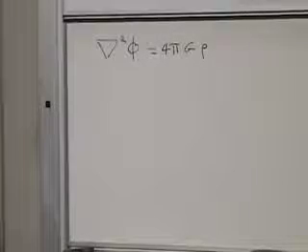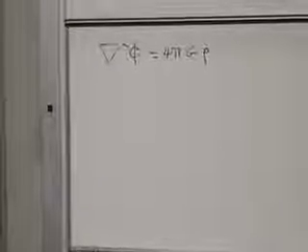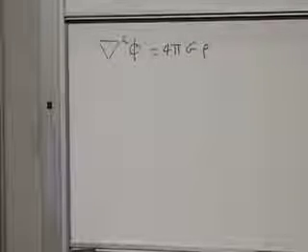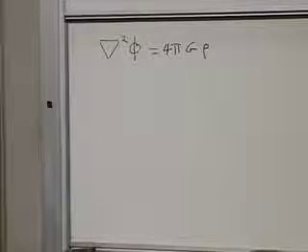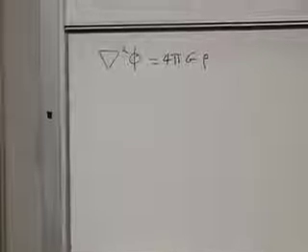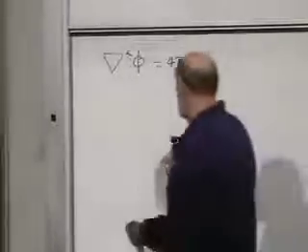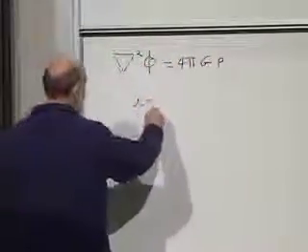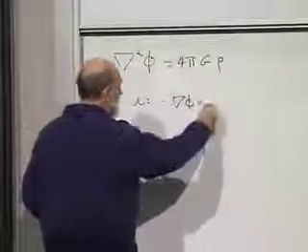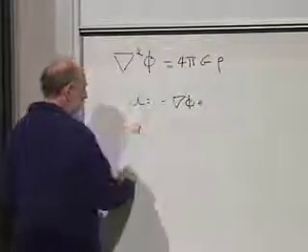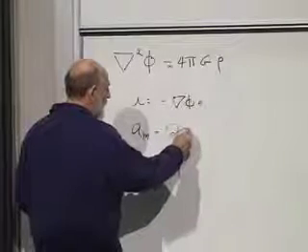And we also found out by looking at the motion of geodesics that slowly moving particles satisfy the usual equation: acceleration is equal to minus the gradient of phi, or the ith component of the acceleration is equal to minus the derivative with respect to i of phi.